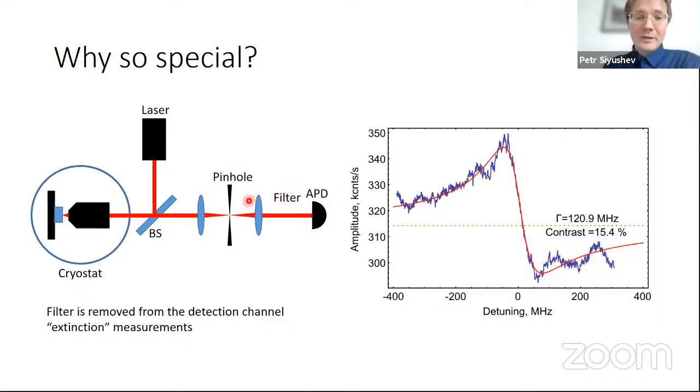And the reason for this is the following. Besides the scattered photons directly at the electronic transition, we also have photons from the laser, which are reflected back from the diamond surface into the APD. And those photons interfere with each other, giving rise to this signal.